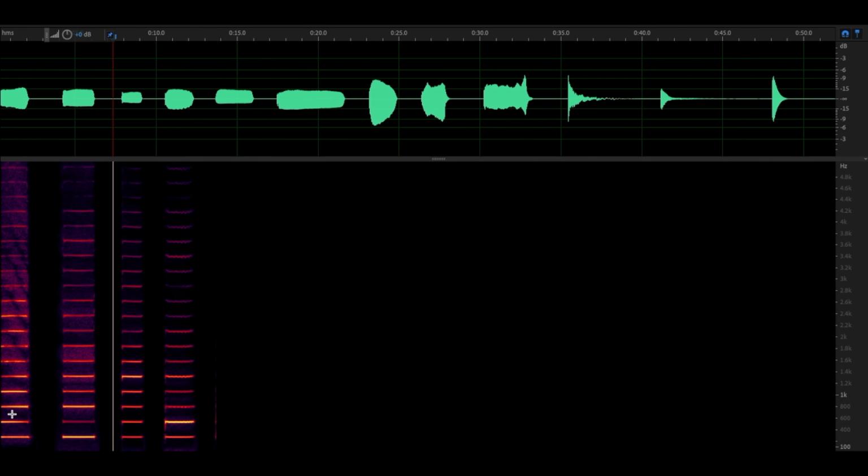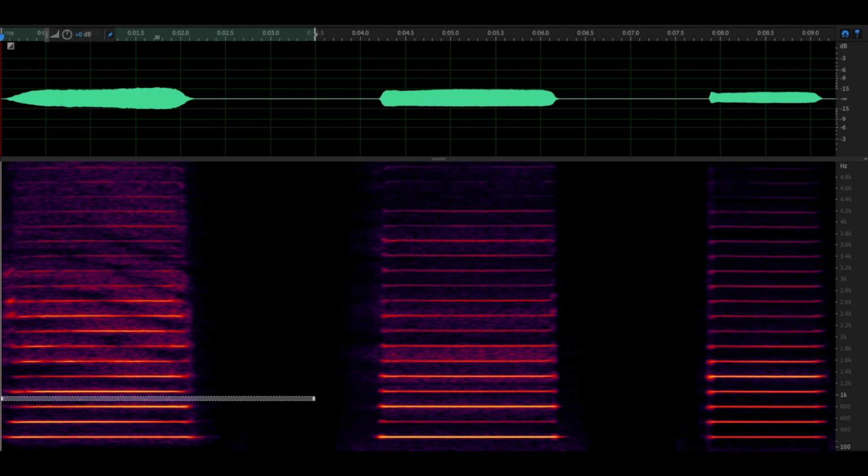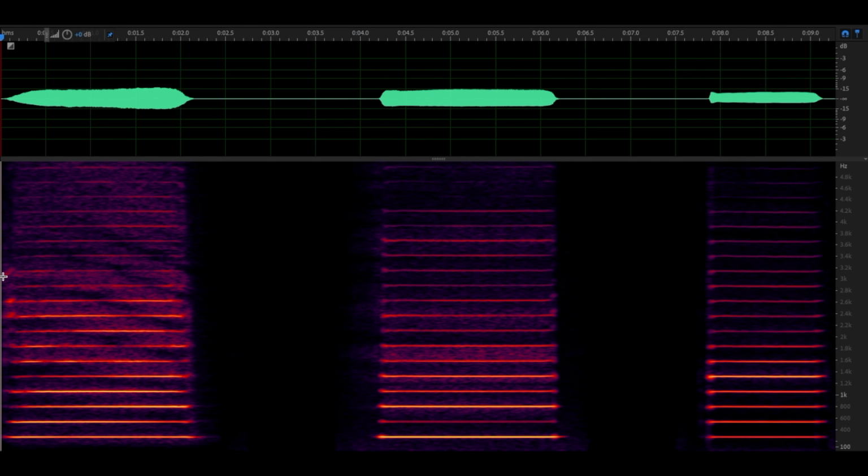The first two instruments, I'm going to zoom in on those. The first two were the flute here and the clarinet. Let's hear those again and look at the spectra.